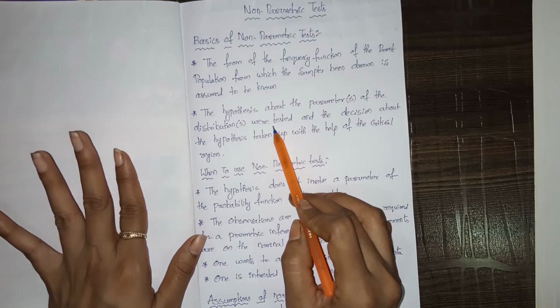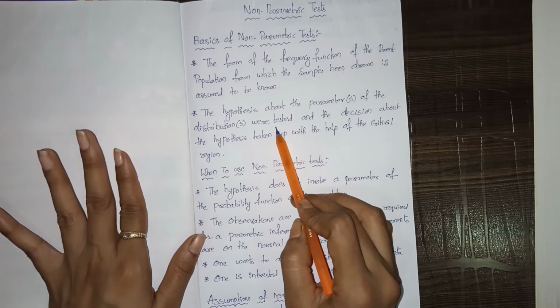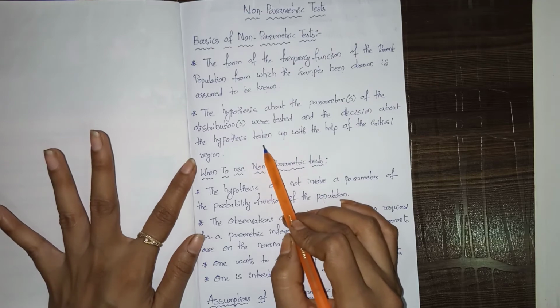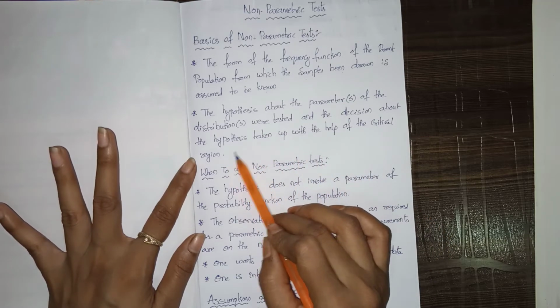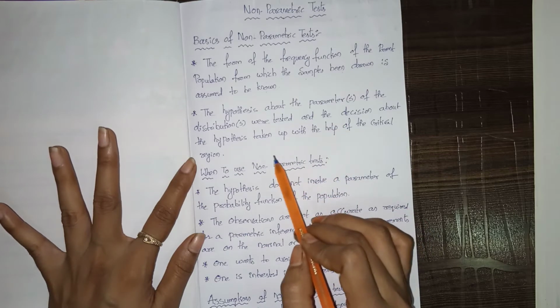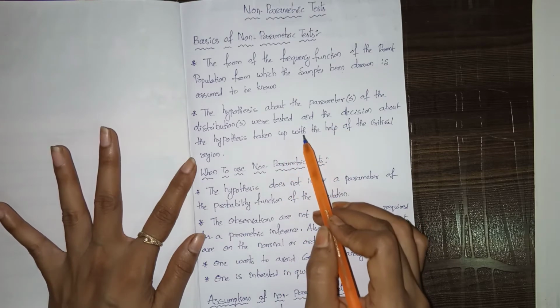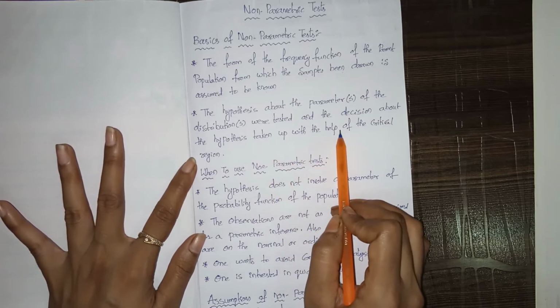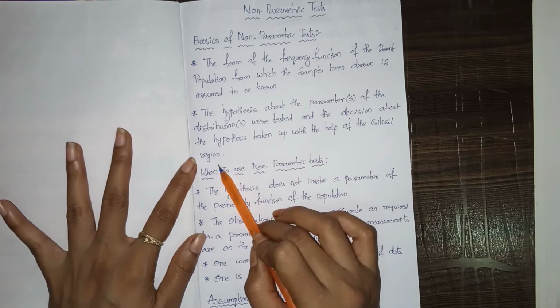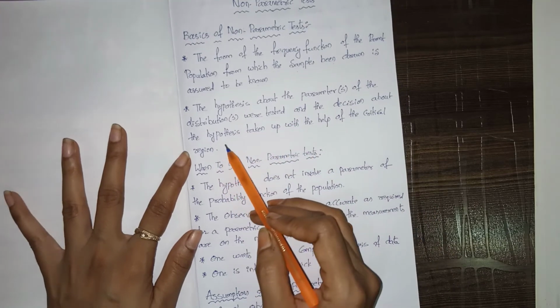After completing all this process, at the conclusion we use the critical region. By knowing the critical region we can decide whether to accept or reject the given data. So we take decisions depending on the critical region. That is the second point.